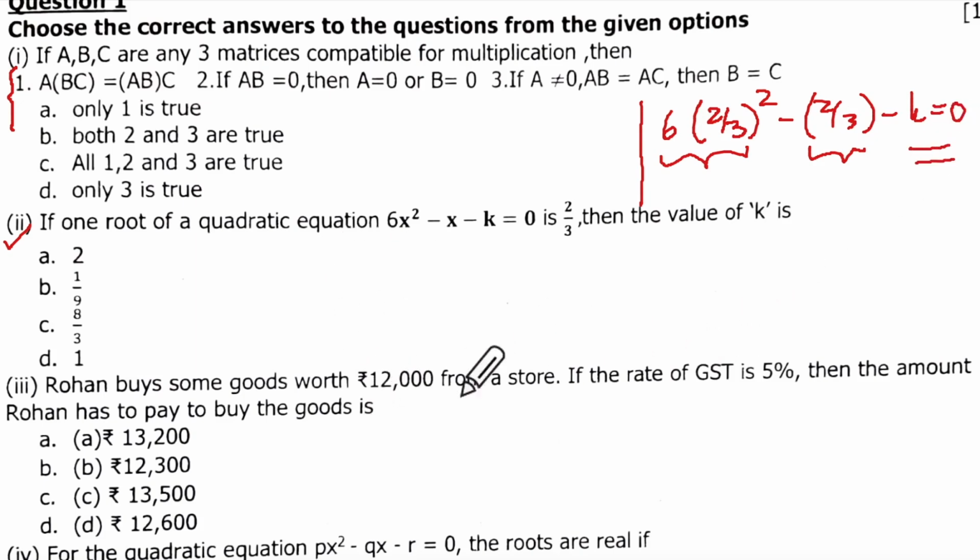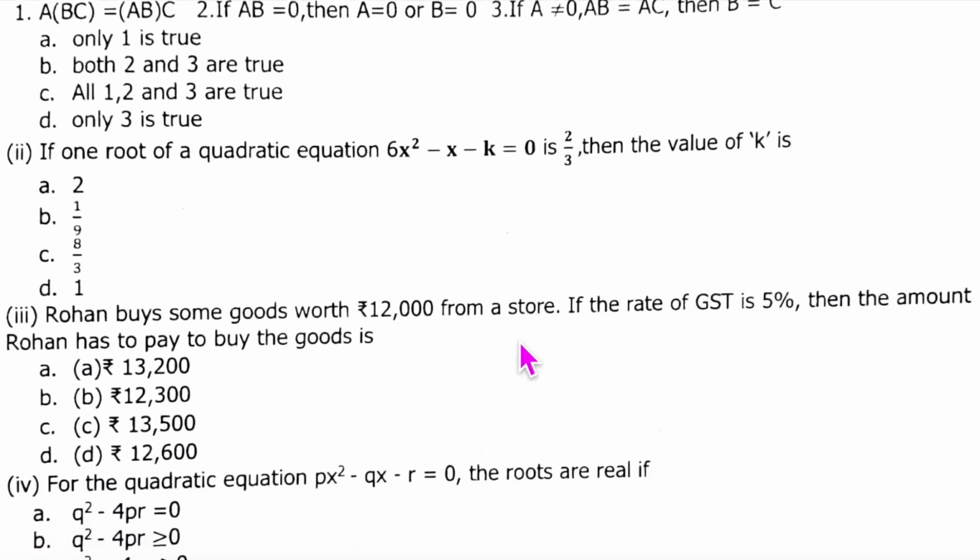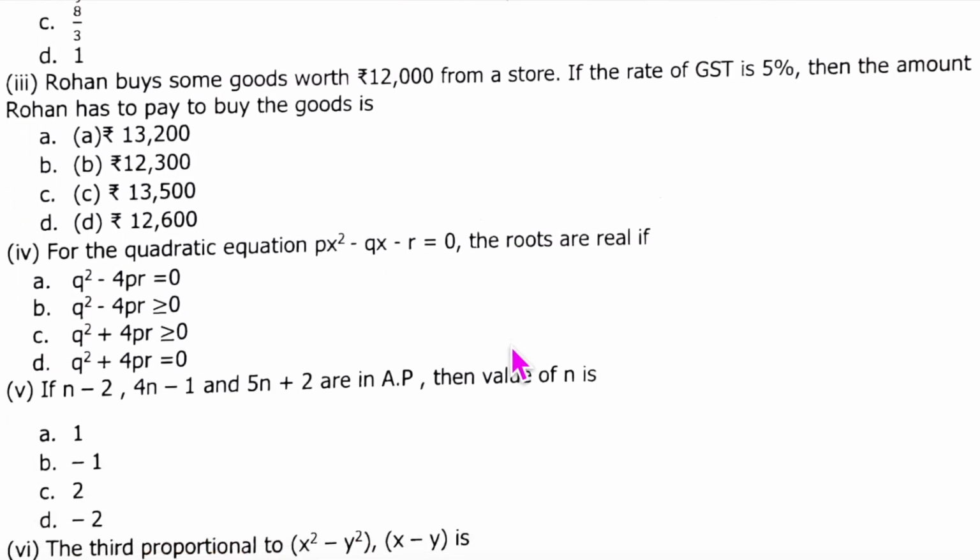Since you have already done this, I don't want to solve the whole thing. I'm just going to tell you the technique, and you have to deal with the fractions properly. What is the answer for this? A, 2. So you will come to know that k is equal to 2. You can work that out later on if you haven't got it right already.